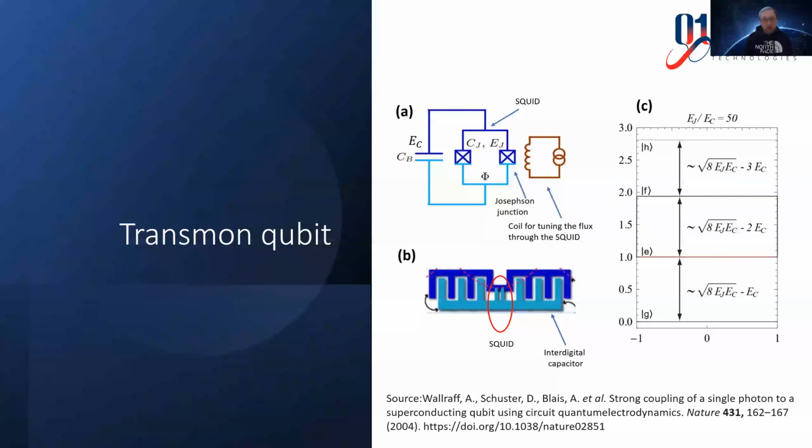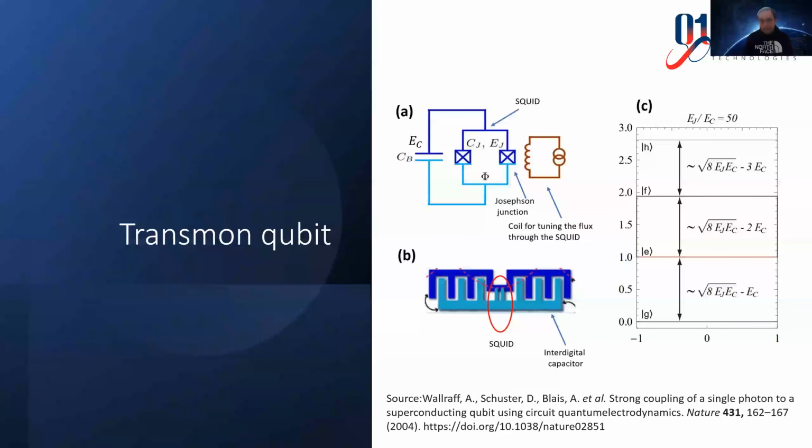Here we see a real-world implementation of the equivalent circuit using an interdigital capacitor. In figure B, you see the interdigital capacitor, and in the middle you have 2 Josephson junctions in parallel. This is nothing more than a parallel LC circuit with a nonlinear inductor, which is the Josephson junction.